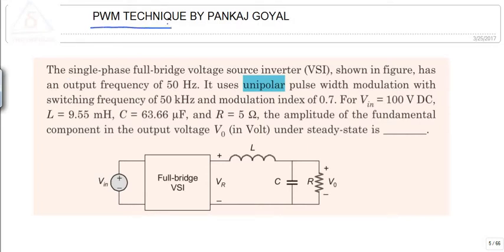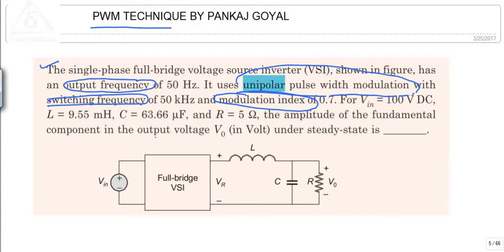Before proceeding further, I would like to read one question which was asked in GATE 2015. This question says, the single phase full bridge voltage source inverter shown in this figure has an output frequency of 50 Hz and uses unipolar pulse width modulation with a switching frequency of 50 Hz and a modulation index of 0.7.